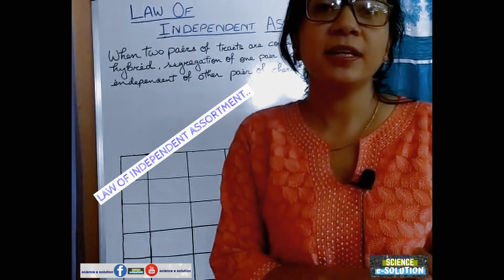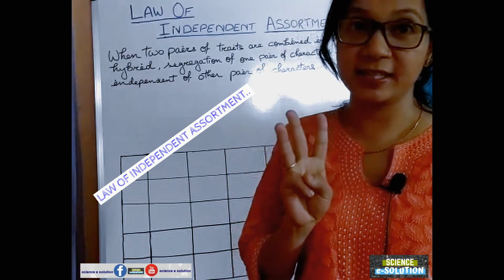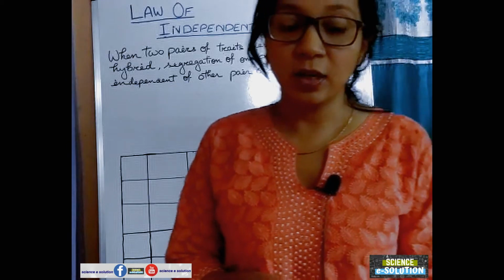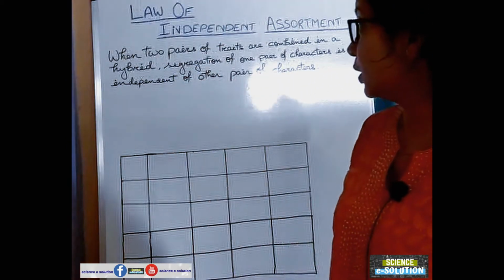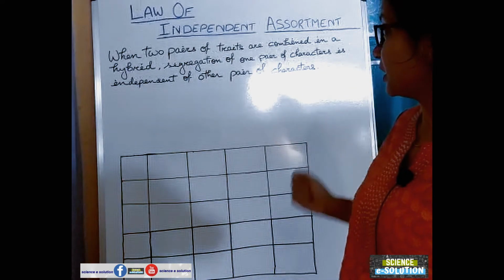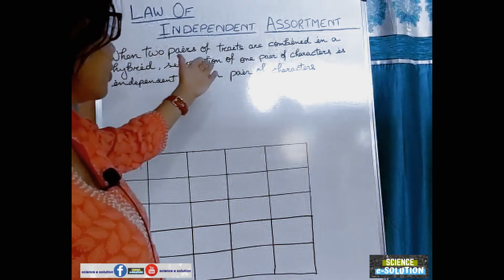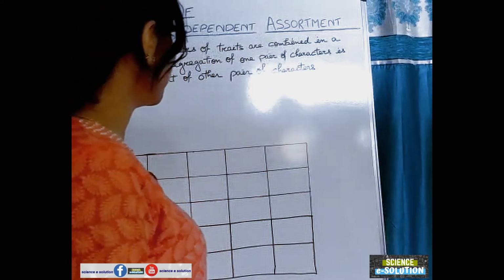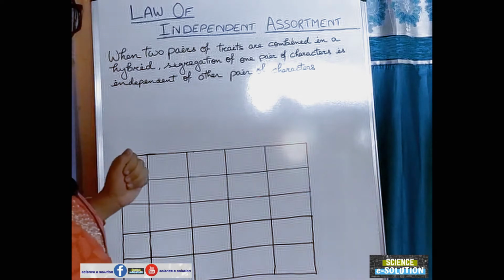Law of independent assortment is also known as the third law of inheritance. It is the third of Mendel's laws of inheritance. The explanation is that when two pairs of traits are combined in a hybrid, segregation of one pair of characters is independent of the other pair.